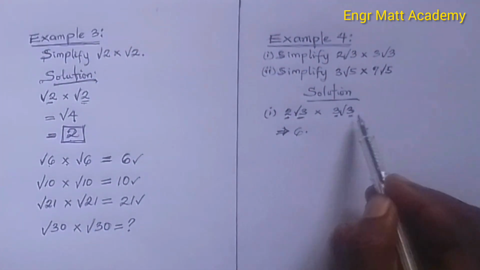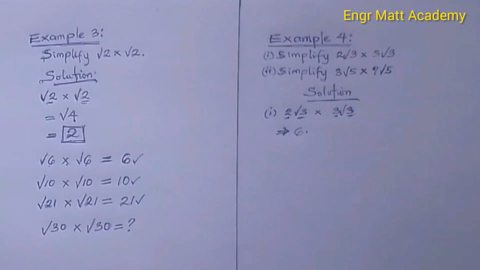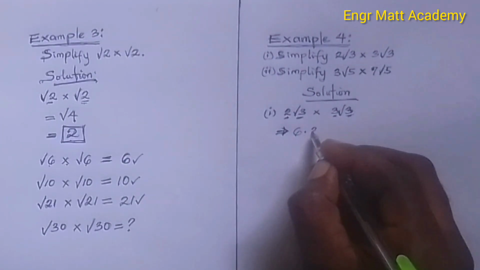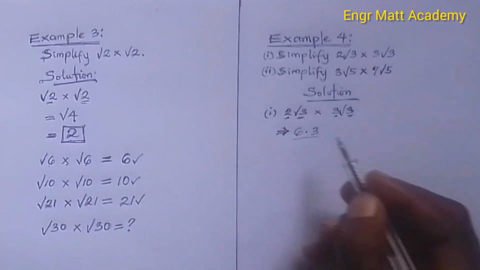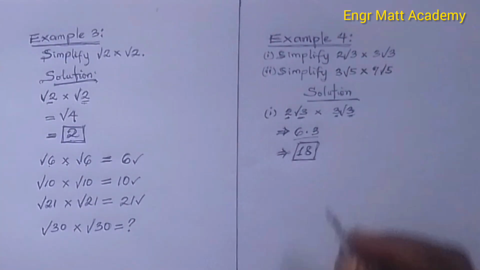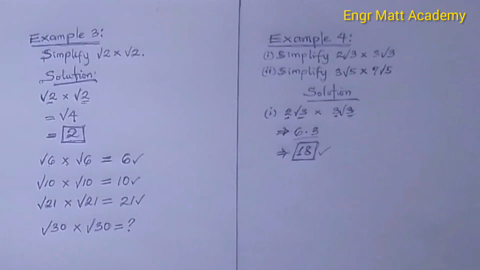Since root 3 and root 3 are the same, we throw away the root sign. Remember the last example, right? So we say 3, and 6 times 3 will give us 18. So 18 is the answer.